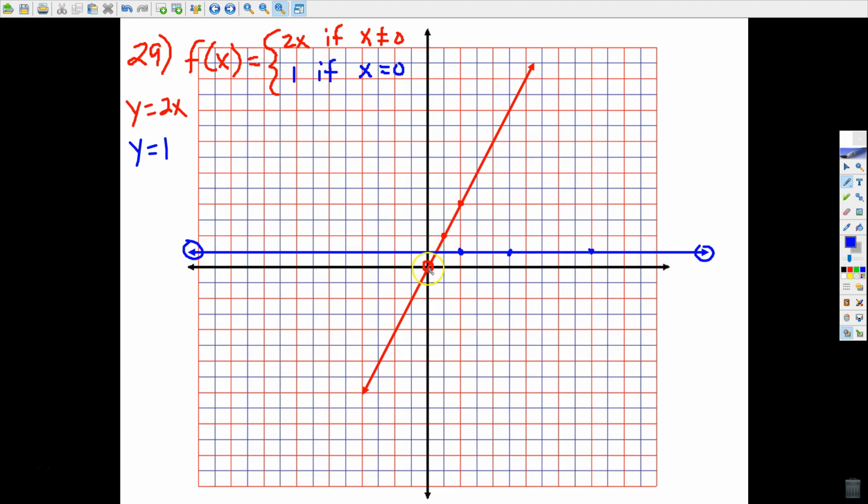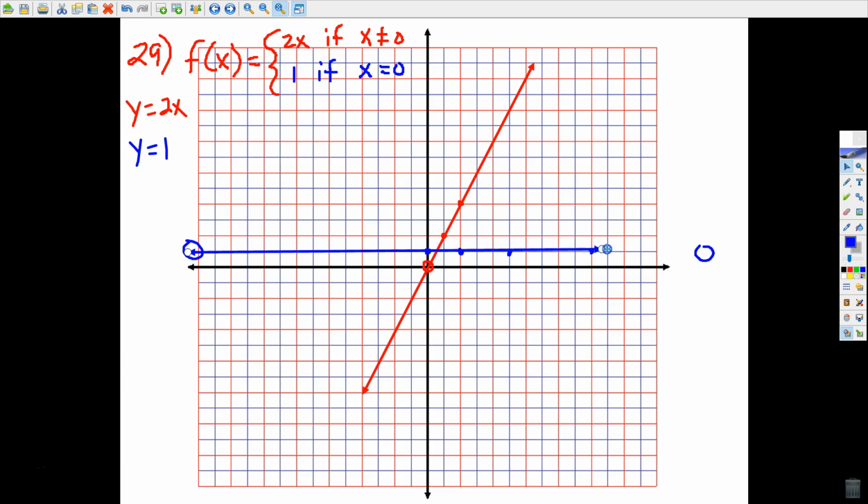Well, where is x 0 on this line? Well, x is 0 on the x-axis right here. It's 0 on this blue line right there. So according to this, this is the only point on this line that I should be showing. So even though I drew this, and I'm not saying you have to do this every time, I just wanted to give you an idea of how this works.